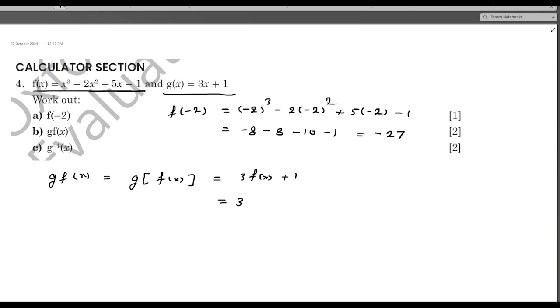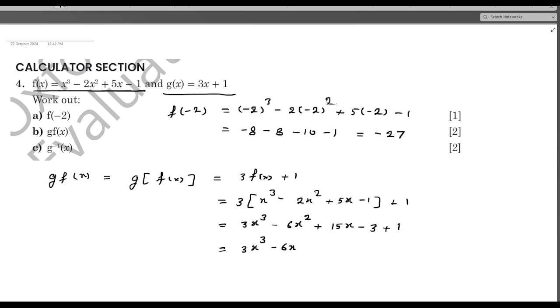So your f(x) is x cubed minus 2x squared plus 5x minus 1, and then plus 1. So this will become 3 times x cubed minus 6 times x squared plus 15 times x minus 3 plus 1. Okay, so your final result will be 3x cubed minus 6x squared plus 15x minus 2. This is your g of f(x).